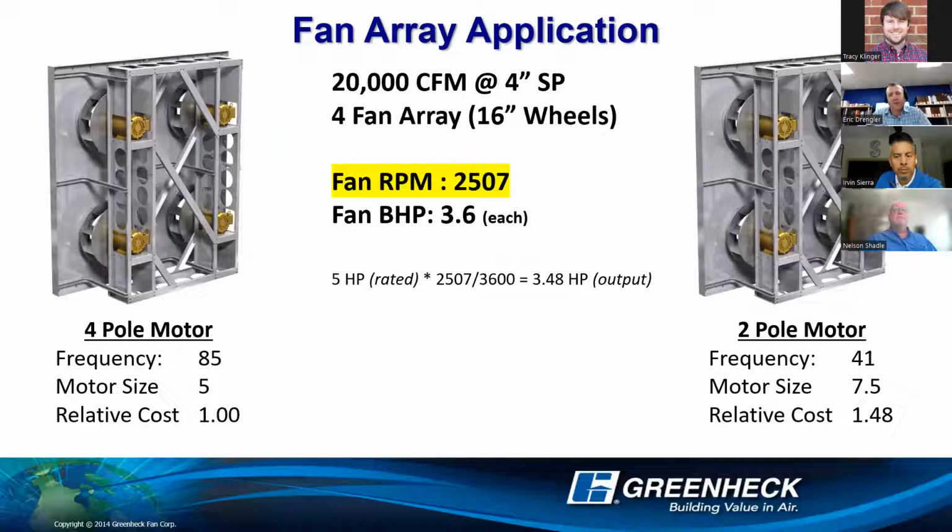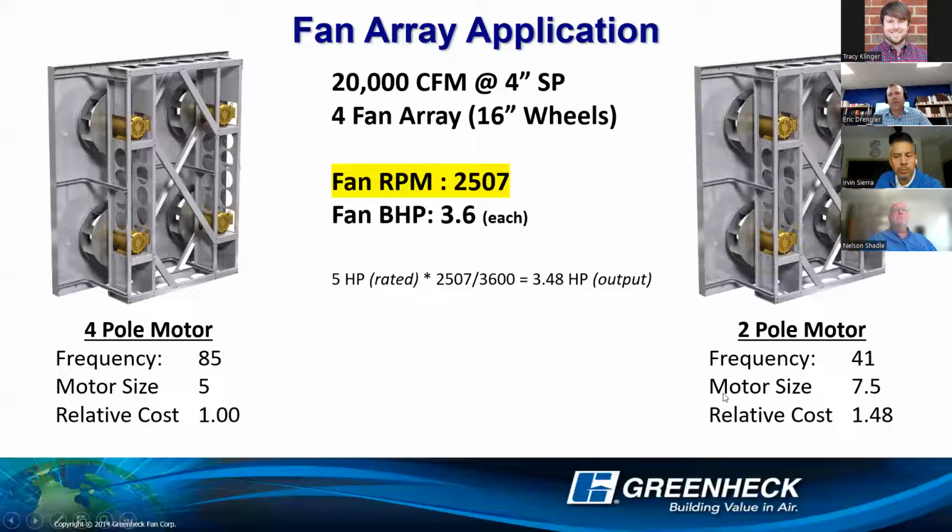So this is another thing you have to keep in mind when you're making fan selections, because we can provide a 4-pole motor or 2-pole motor. It's basically up to you on determining which method is best based on the application. Remember that relative cost in this example is just for the fan itself.